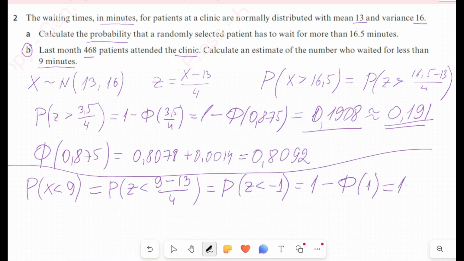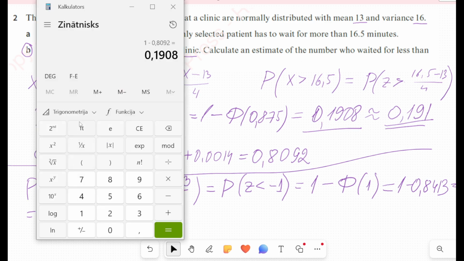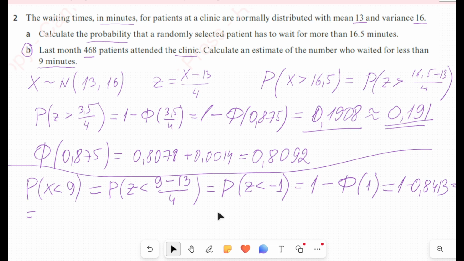So it will be 1 minus 0.8413, and this is equal to 0.1587.